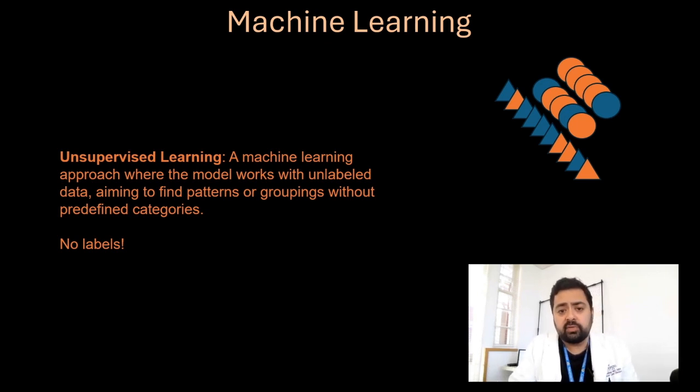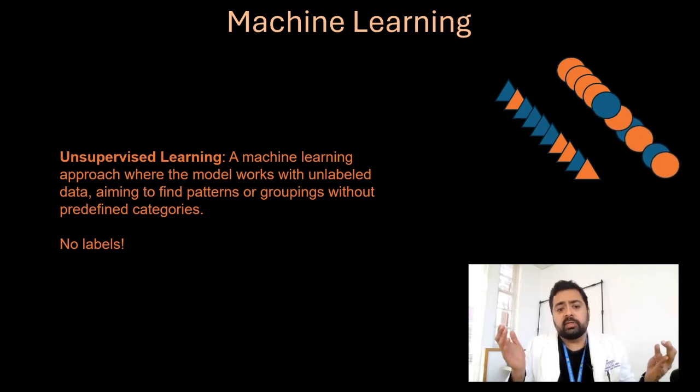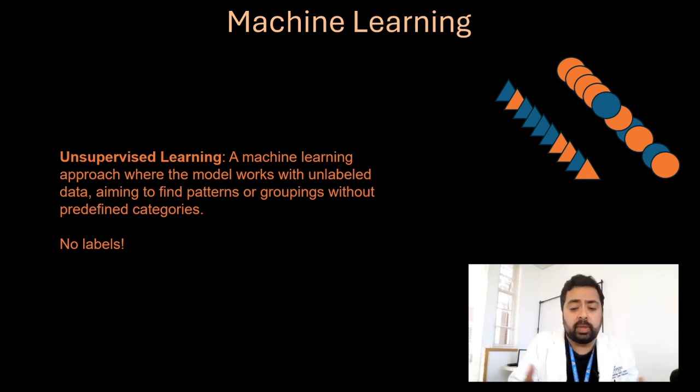In this case, for example, the unsupervised machine learning model decided to sort it out by shape. You can imagine a scenario where it sorts it out by color or by both. I haven't specified how I wanted to sort it. I just wanted to find patterns or groupings.